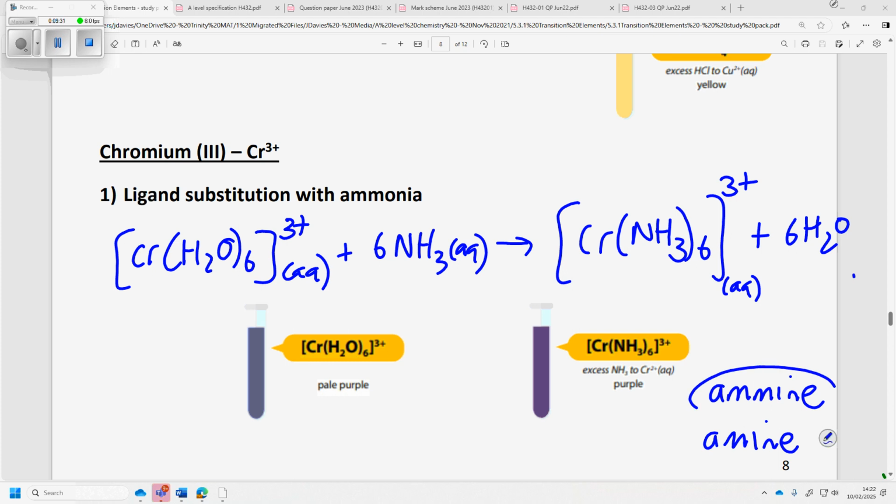So let's not worry too much about the name, but there is a difference. It's a chromium hexa-amine complex.